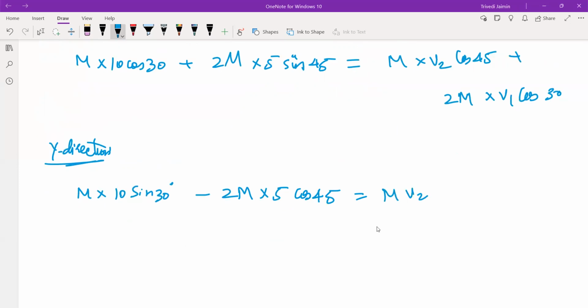same way m V2 sin 45 minus 2m V1 sin 30.